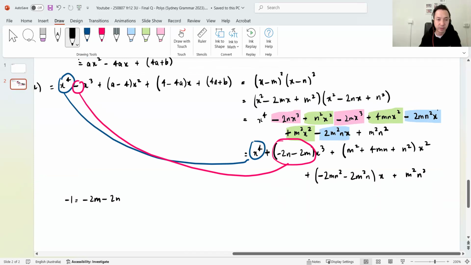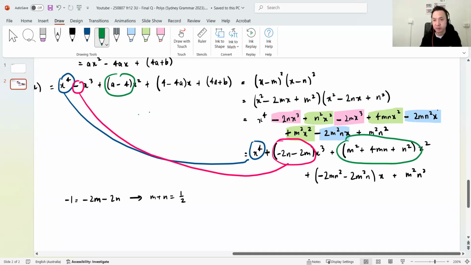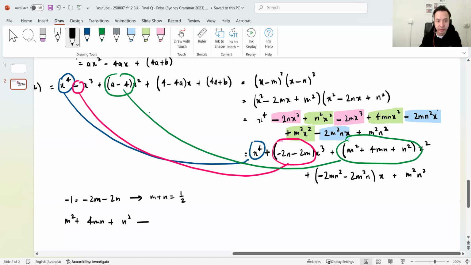Let's rearrange, that's number 1. If you rearrange it, it'll be m plus n equals 1/2. Okay, cool, that's the pink one. Let's use different colors. This is the same as this, so set them equal to each other, and you get m squared plus 4mn plus n squared equals a minus 4.